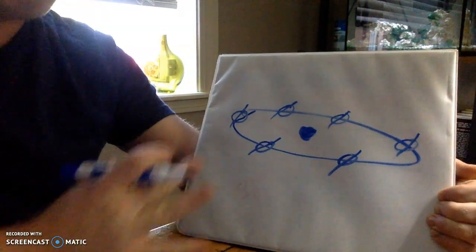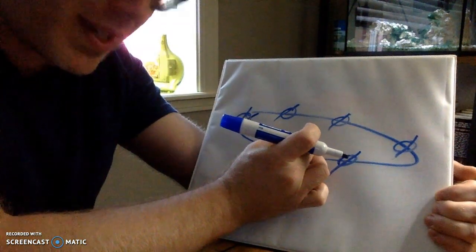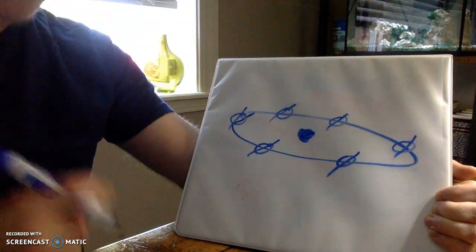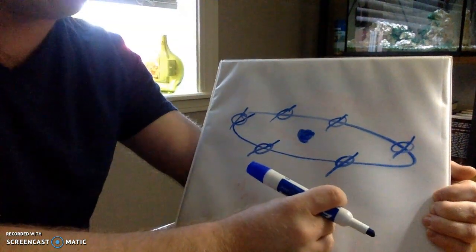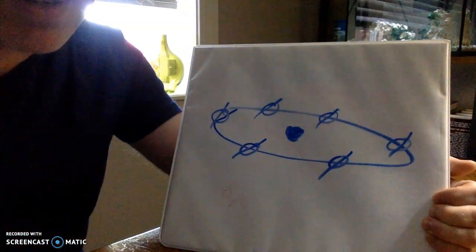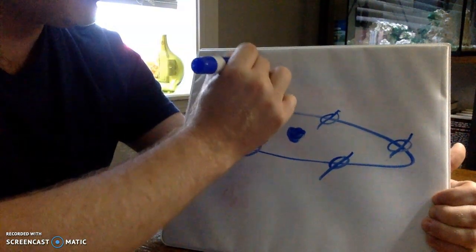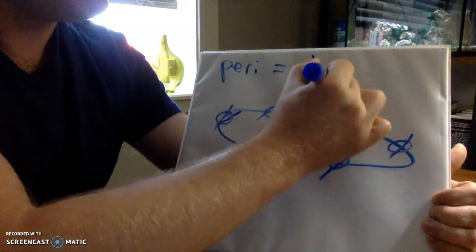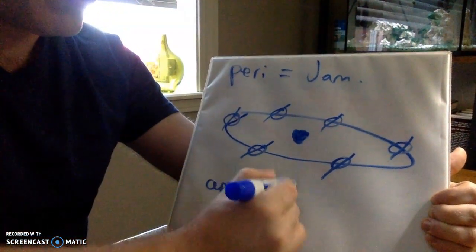Also remembering, sometimes the center of the planet is physically closer to the center of the sun. Sometimes that's farther. Perihelion, physically the closest point. Aphelion, physically the farthest point. Perihelion occurs in January. Aphelion in July.